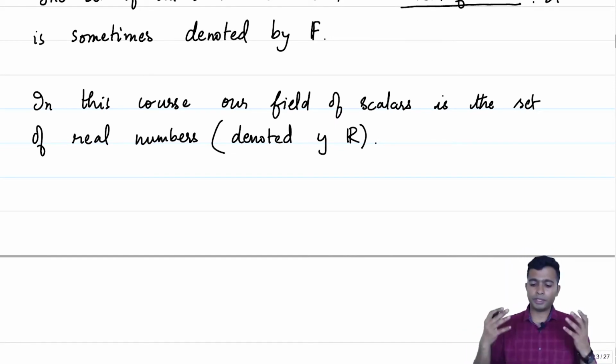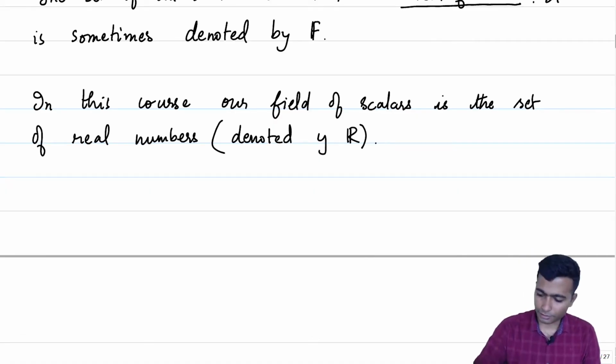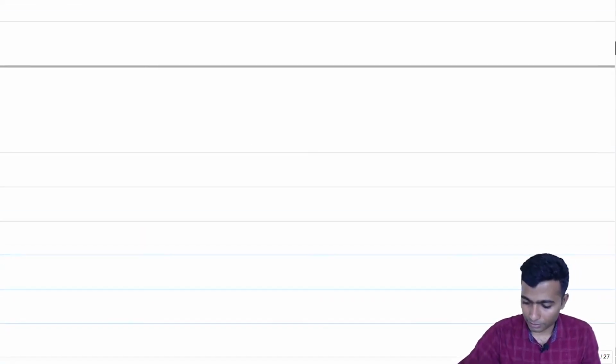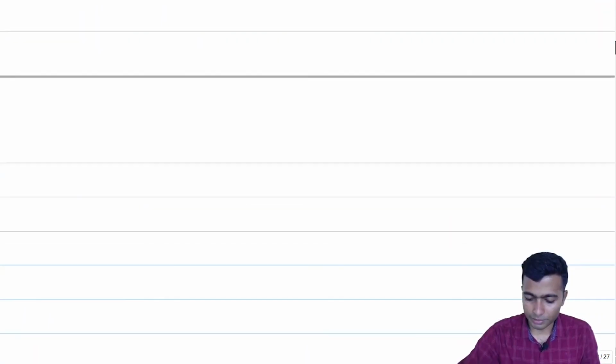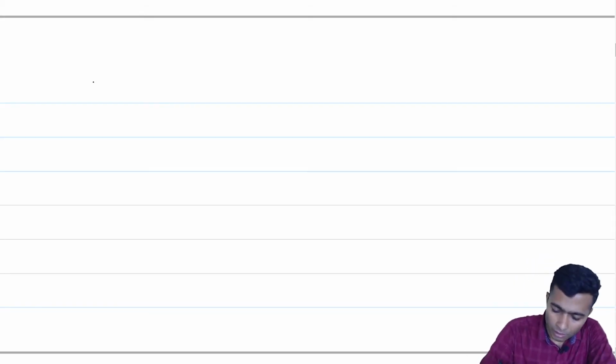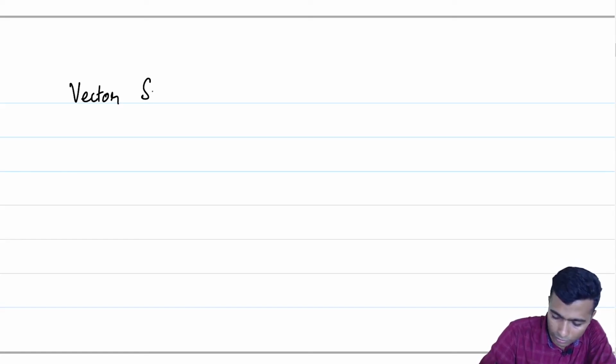All right, so let's now jump into the definition of what a vector space is. So what is a vector space? Let's discuss some vector spaces which are quite familiar, and then we will give a formal definition. The first topic is vector spaces.